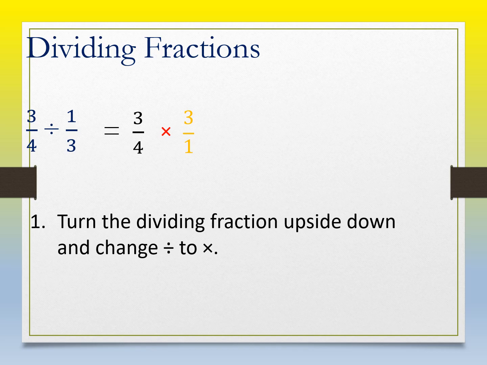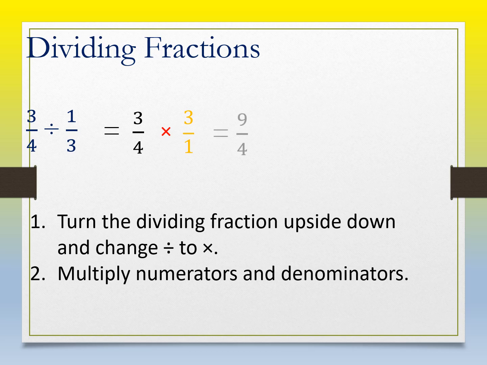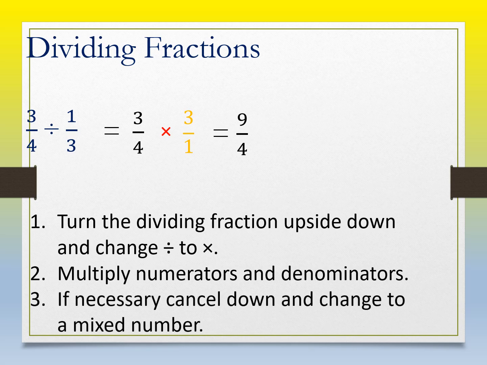So 3 times 3 is 9 over 4. And then 9 over 4 is an improper fraction. You divide 9 by 4, you will get 2, and the remainder 1. So the final answer will be as a mixed number 2 and 1 over 4. The denominator 4 is the same. Denominators don't change between improper fractions and mixed numbers.